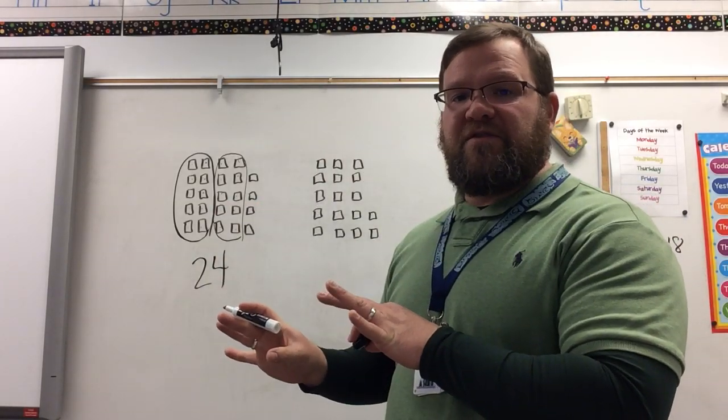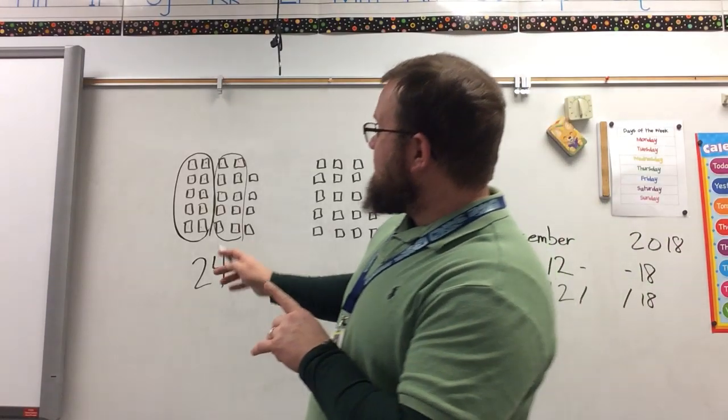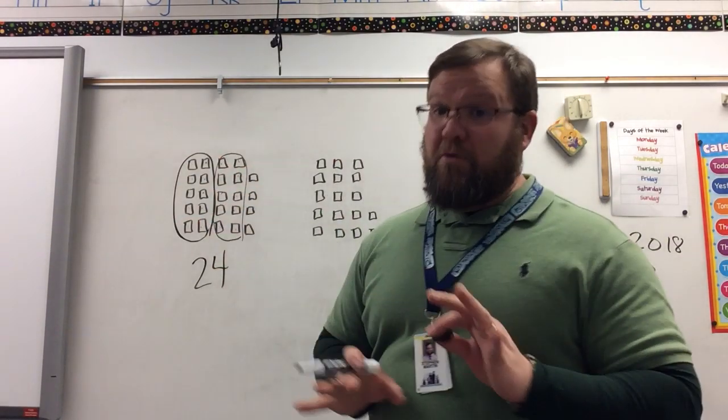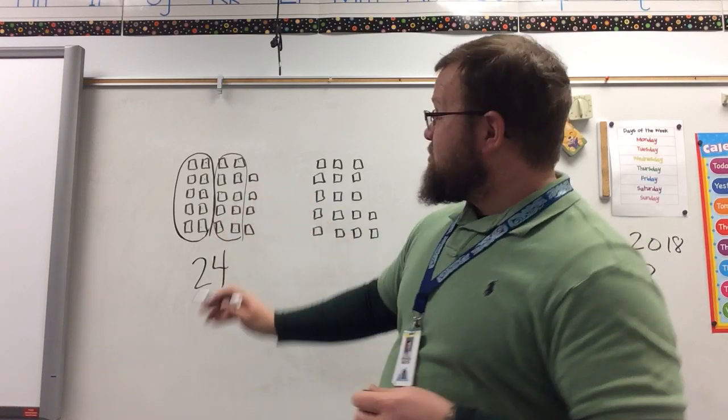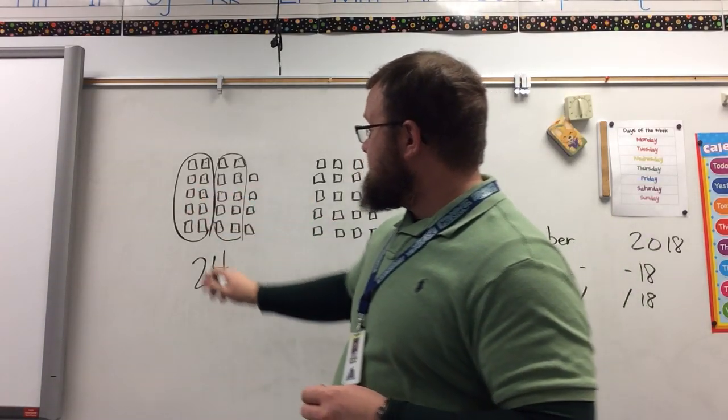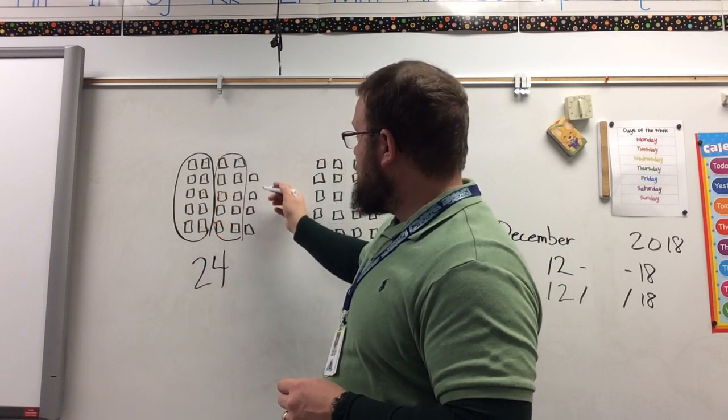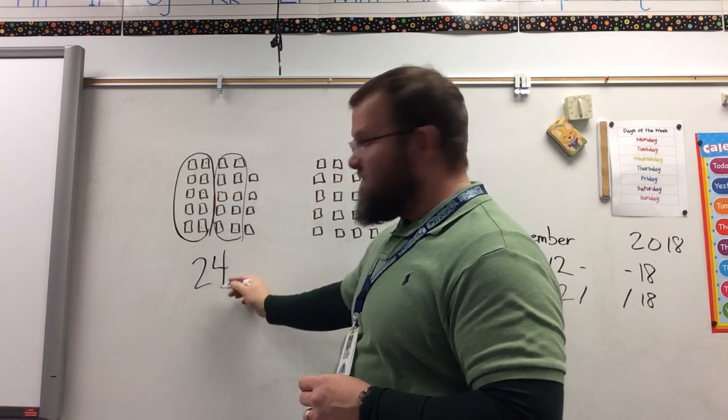I don't have to count them individually as long as I have my groups and I've correctly grouped my big numbers, right? So I can skip count by my tens: 10, 20, 21, 22, 23, 24.